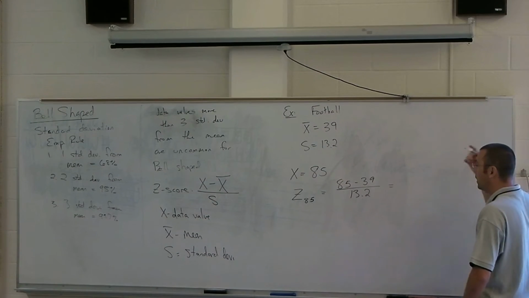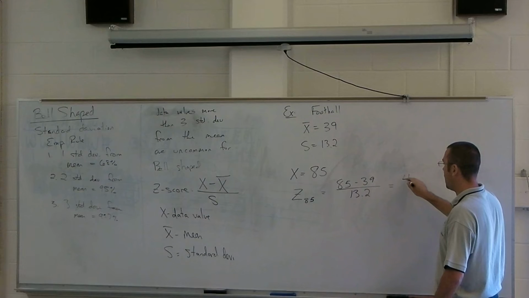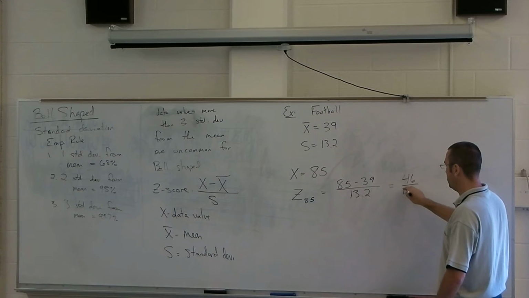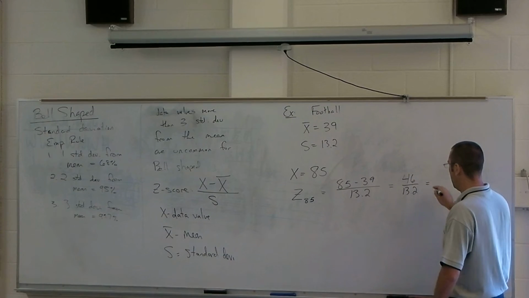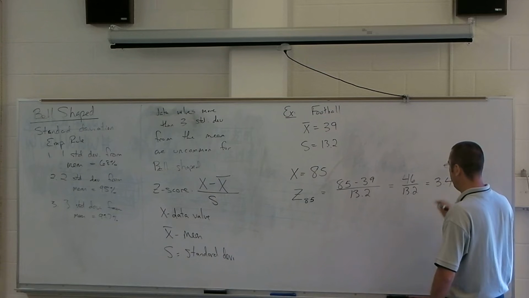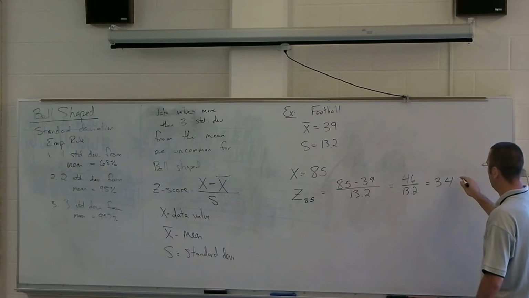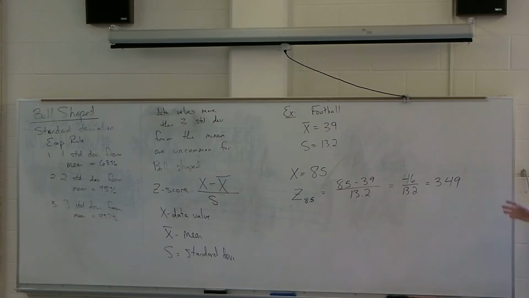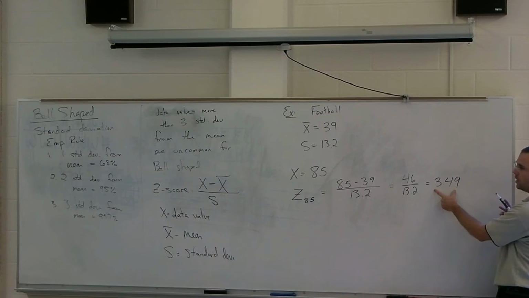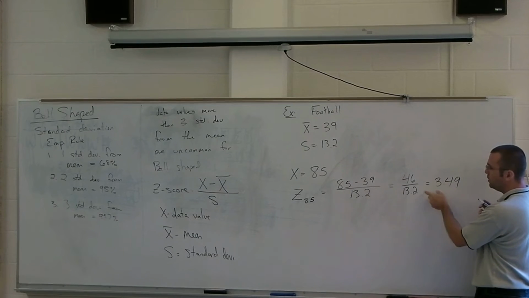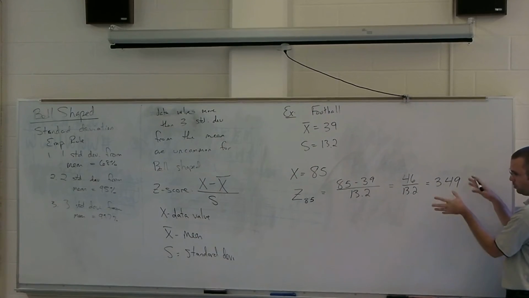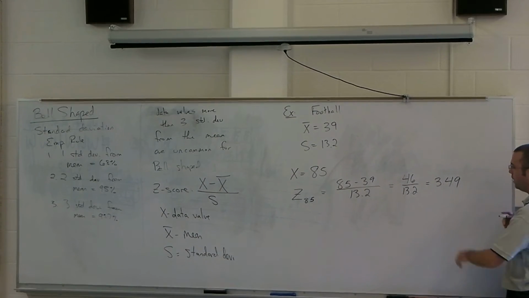Let's see, that gives us 46 over 13.2. Calculate that. What was it, 3.4? 49, yeah. Okay, 3.49. All right. So we see here, this particular value, 85 touchdowns, is more than 3 standard deviations away from our mean. Okay? I have to go almost 3.5 standard deviations away from the mean to get this 85 to be within my range of values.